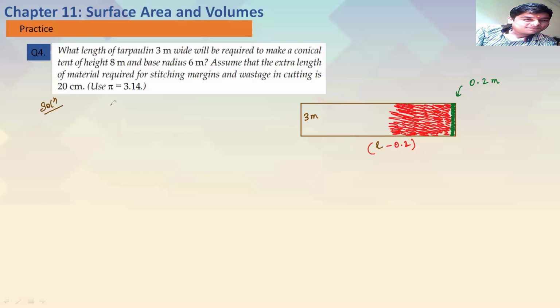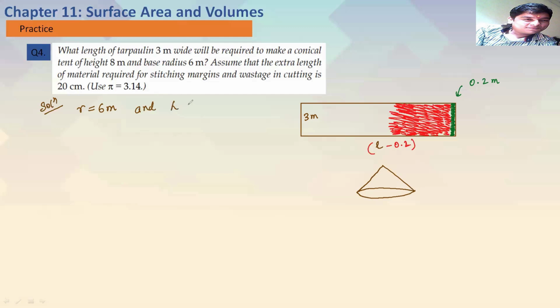What is the radius of the conical tent, the tent that we are making out of it? Sir, radius is 6 meters. Okay. This is an NCERT question as well. I think it is there in the NCERT textbook. Okay. What is the height?